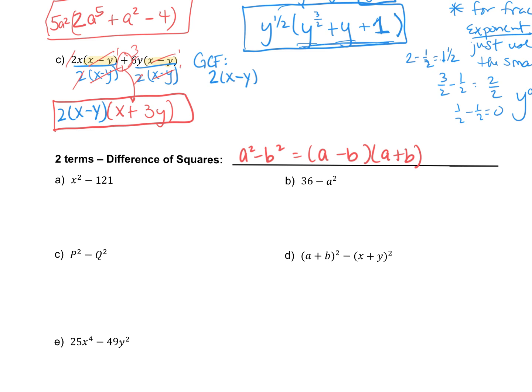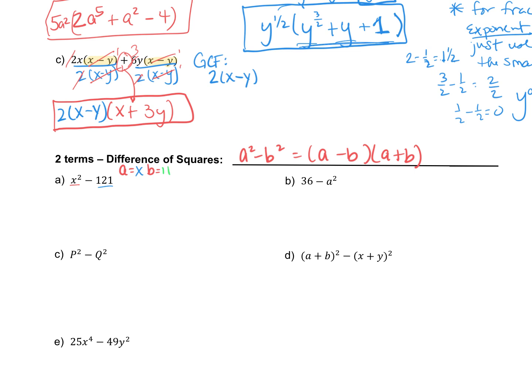And every time you want to do these, if you want to check your work, you can FOIL it back out and see if you get what you started with. So in here, every time I do this, I'm going to tell myself what is a and what is b, because it's that order. The a is minus the b, okay? So if I take the square root of x squared, that's just going to be x. And if I take the square root of 121, that is going to be 11.